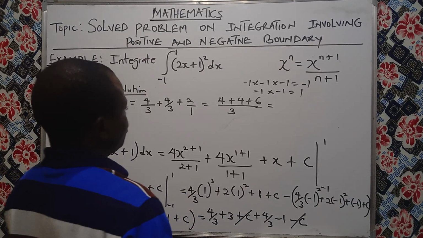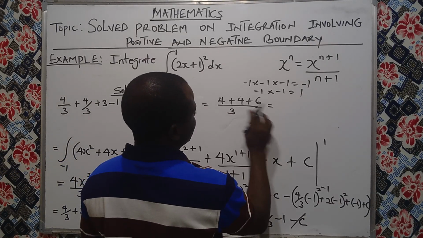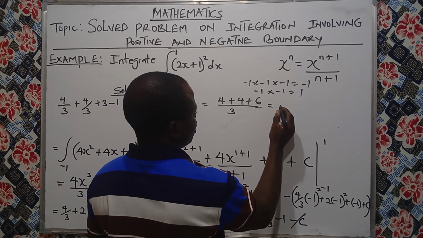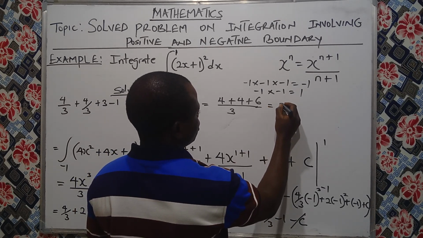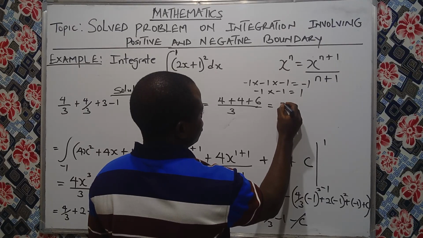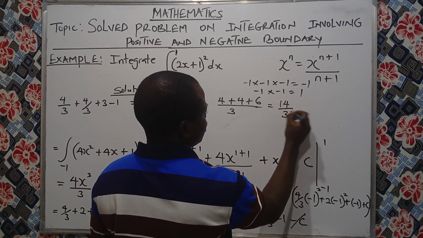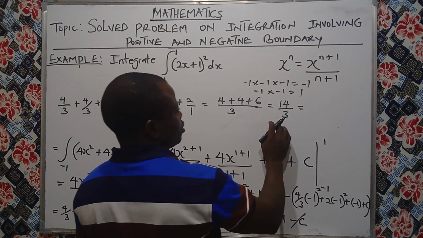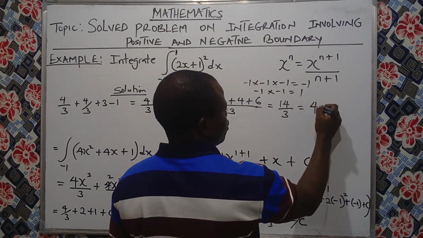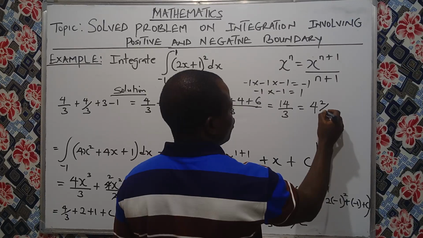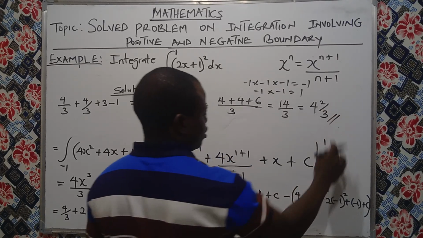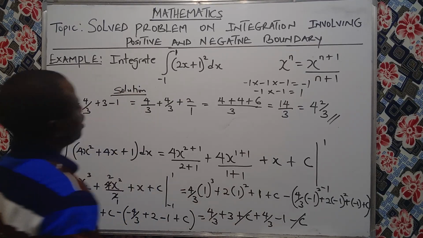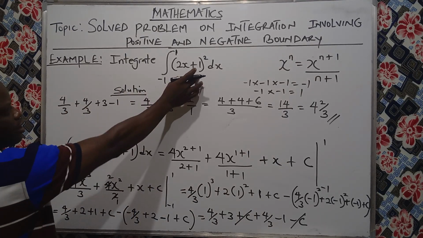From here, 4 plus 4 is 8, 8 plus 6 is 14. That's 14 over 3. Now, how many times can 3 go in 14? That's 4, whole number, 2 over 3. Consider the constant canceled out at this point. That's the integration of this expression.